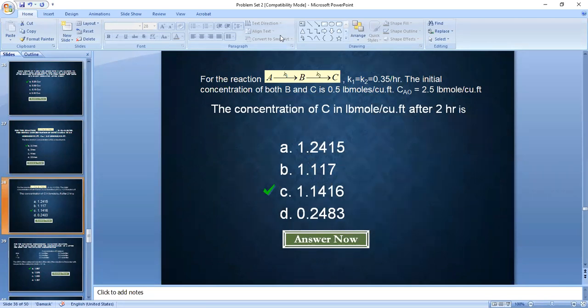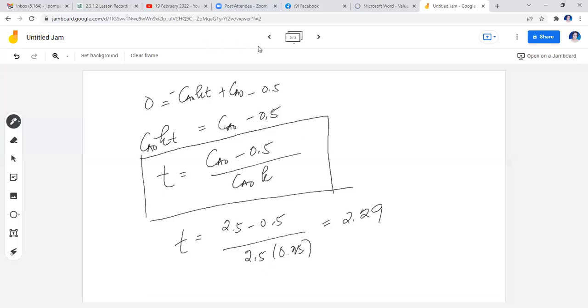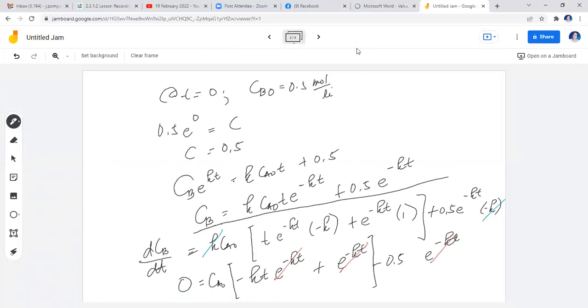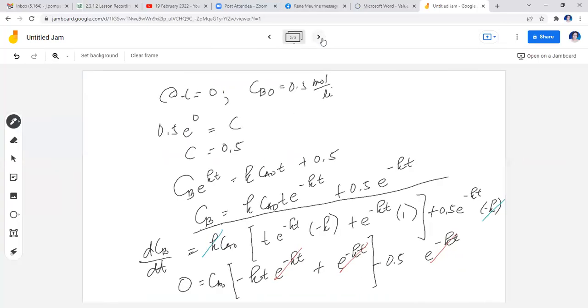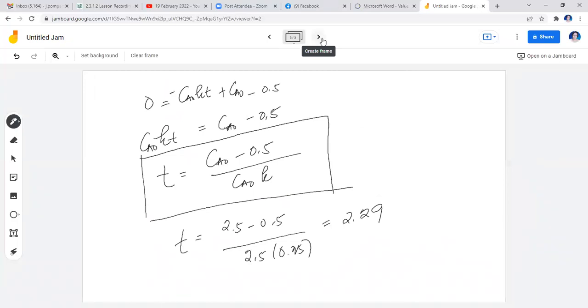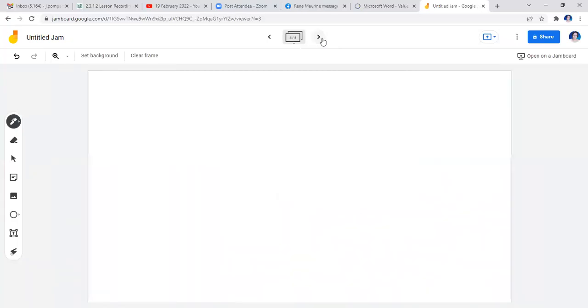I'll go to our solution, go back to our solution. You already have derived the formula for C sub B and C sub A. But that particular problem is asking for the concentration of C after 2 hours. So C sub C at T equal to 2 hours.